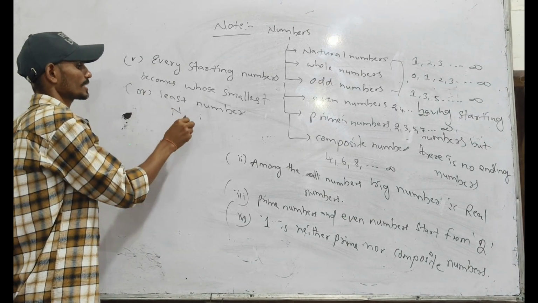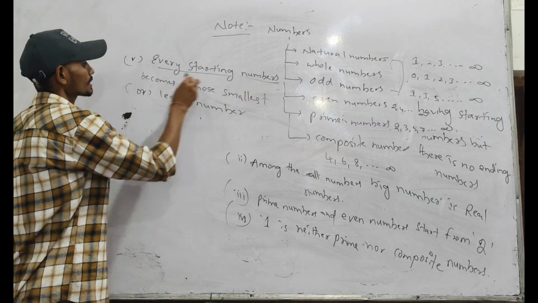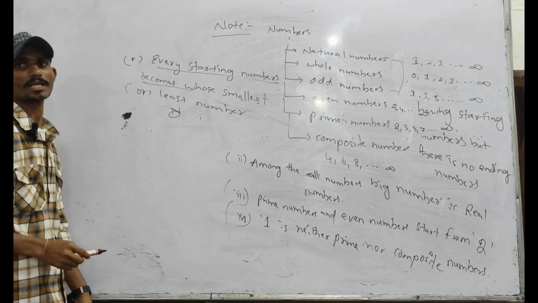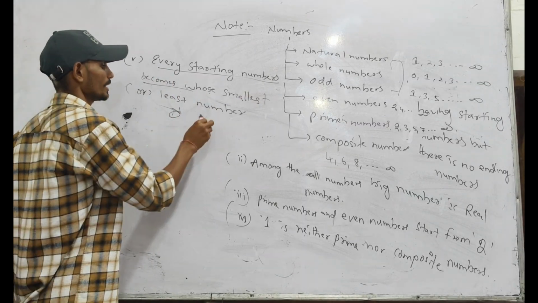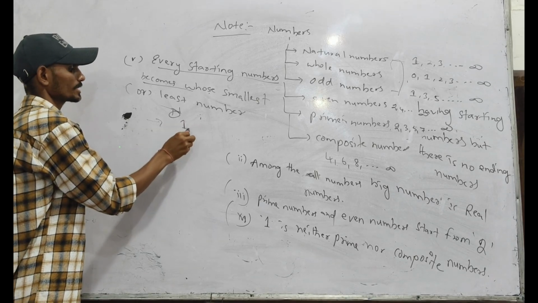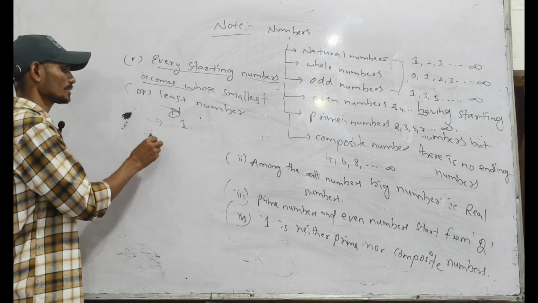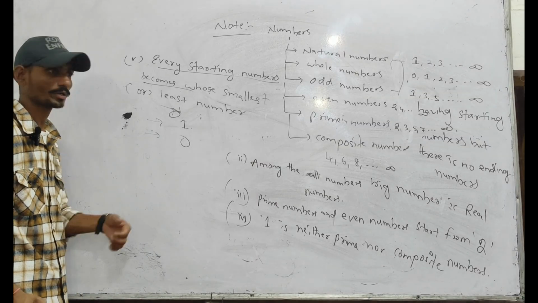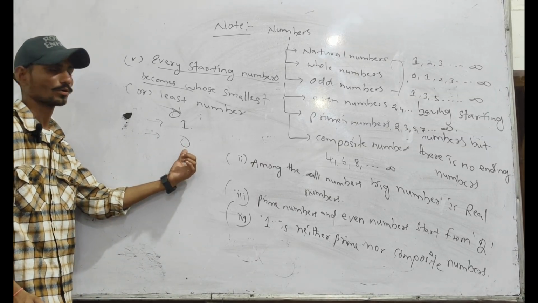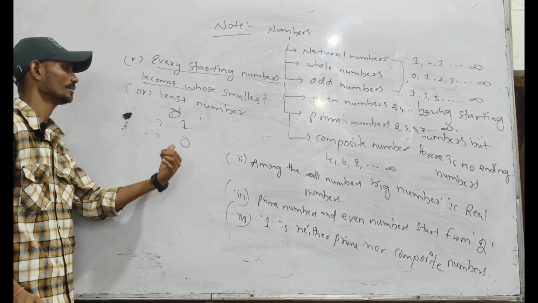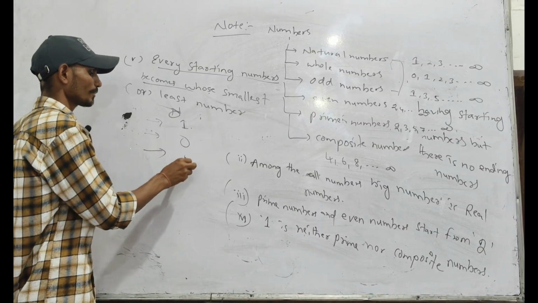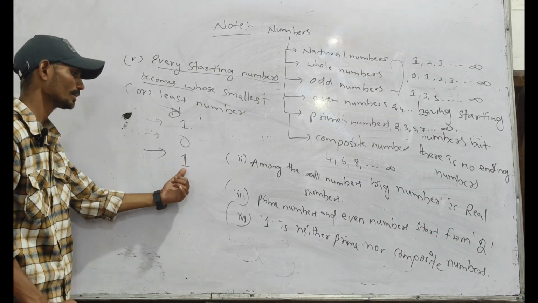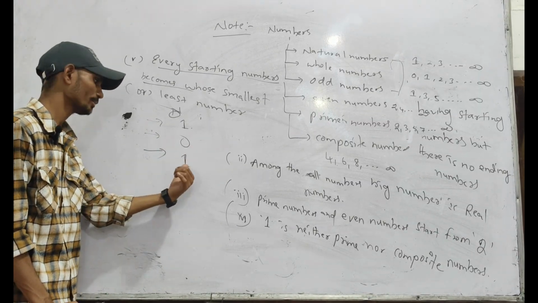For example, the smallest number of natural numbers is 1. Whole number's smallest number is 0, because whole numbers start from 0. Natural numbers start from 1. Odd numbers start from 1, so the smallest odd number is 1.